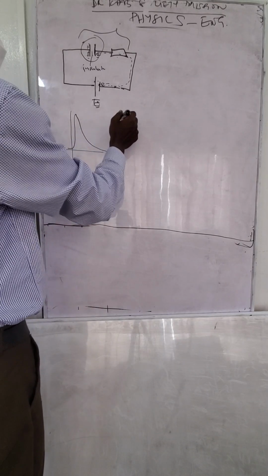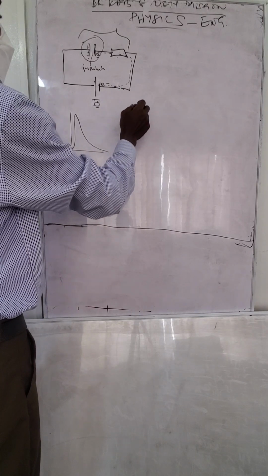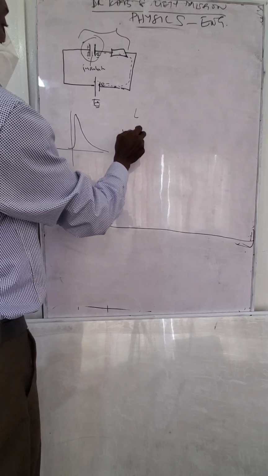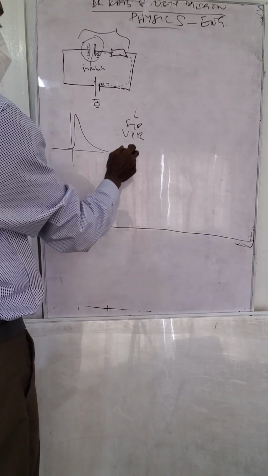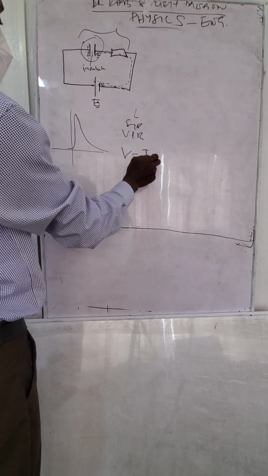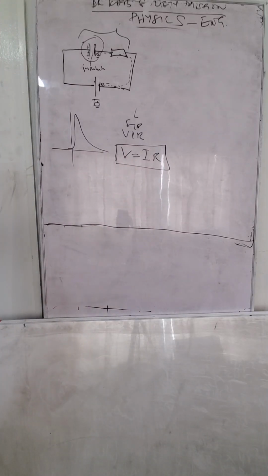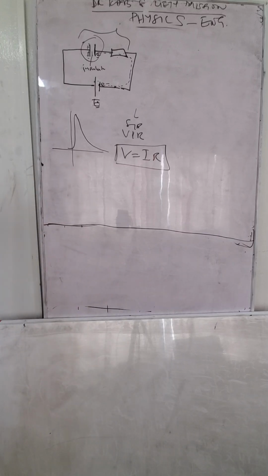If you want an equation for it, we can have the simple equation we know. Here the voltage is equal to the current times resistance. This is Ohm's law, so voltage is proportional to the current that is flowing.